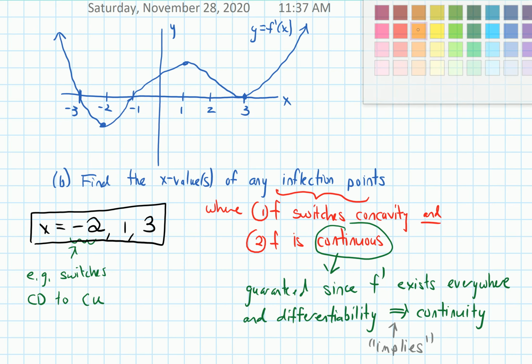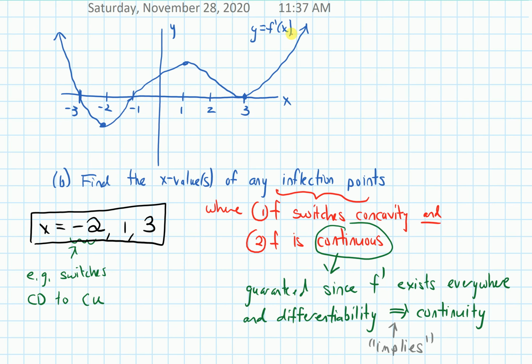So the key idea was, because we were given the graph of the derivative, the original function switches concavity when f prime changes from increasing to decreasing, or vice versa. And that's what happened at -2, at 1, and at 3.